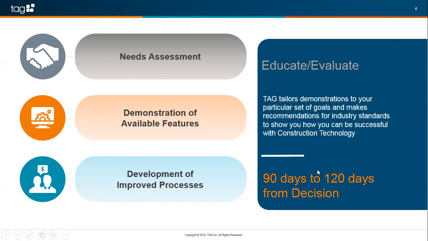So all this happens within a few months, usually about 90 to 120 days before your decision is made about which software program is the best for you. So we spend a lot of time talking about one, your needs and goals, two, what it looks like to be using Sage, and three, the potential plan of implementing and the workflow that you would be adopting with your new system.